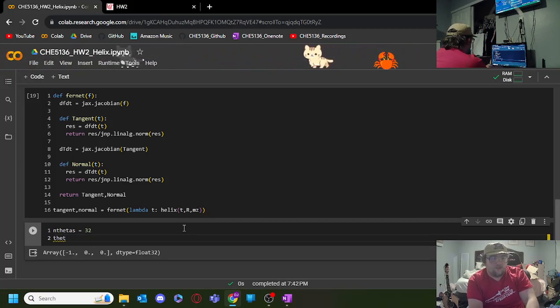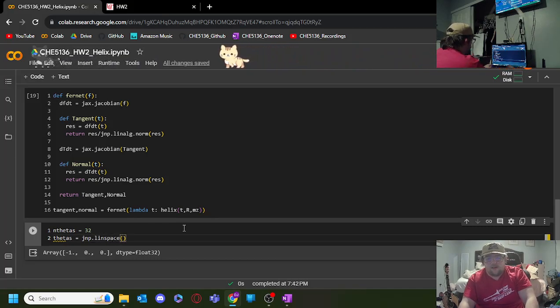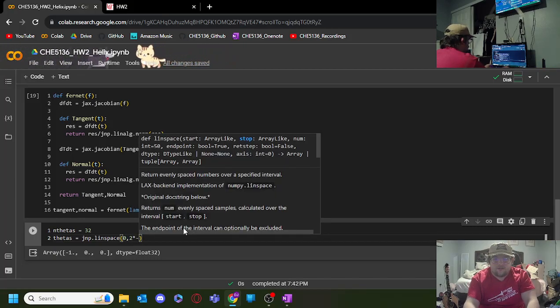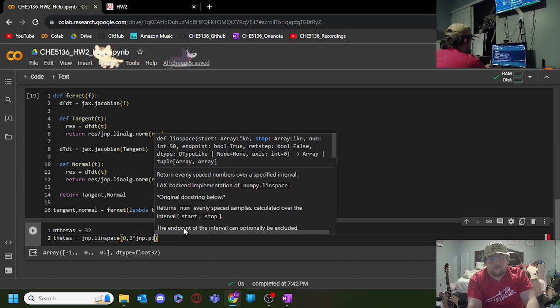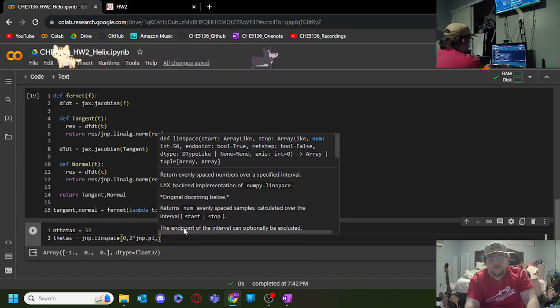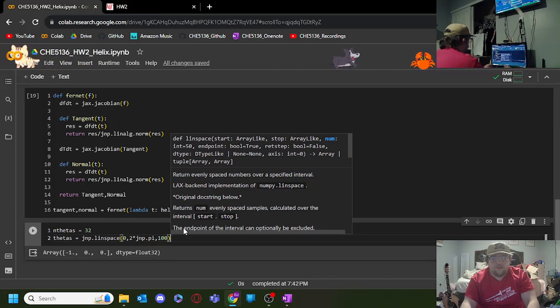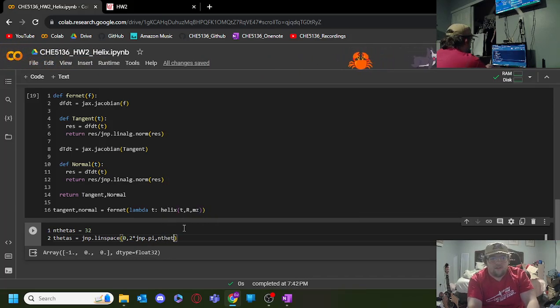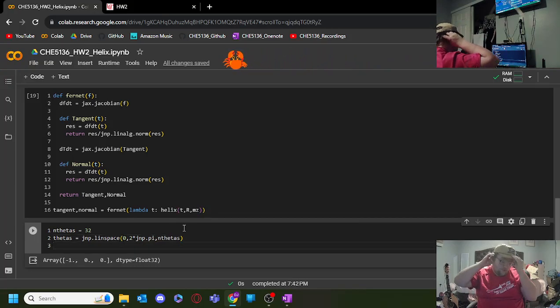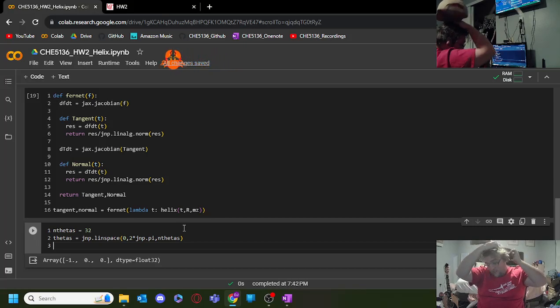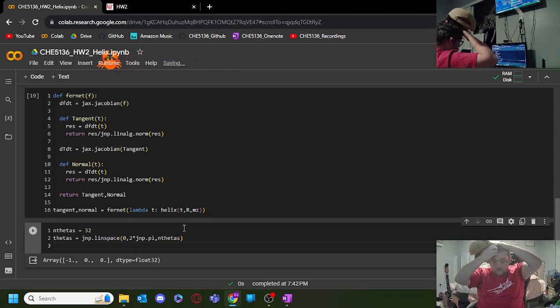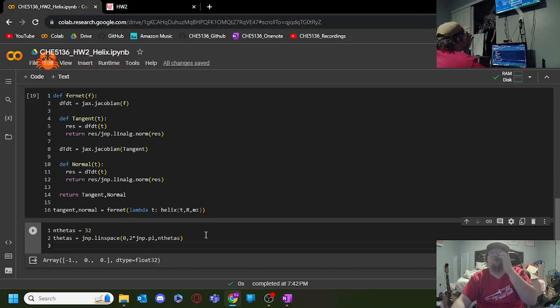So if we do thetas, linspace, and then do 0 to 2 pi, and then let's do n thetas. What that's doing is just giving evenly spaced data points from 0 to 2 pi that we can use for Plotly, JAX, whatever we need to do.